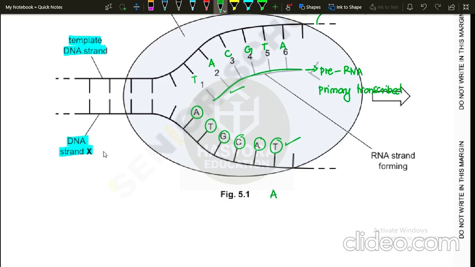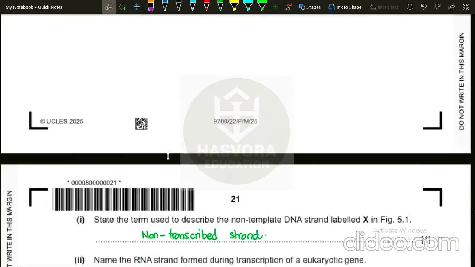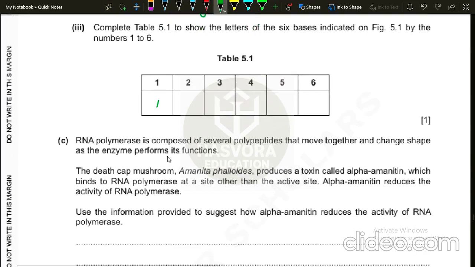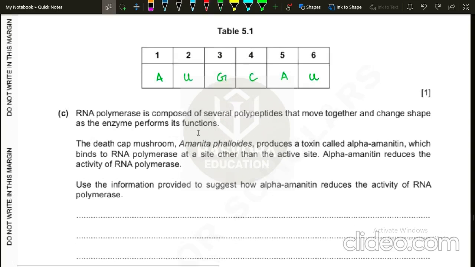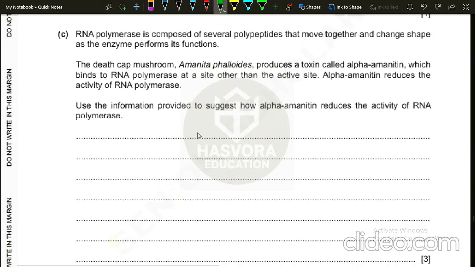So it will become A, then we will have U, G, C, and then we will have A, and then again U. So AUG and CAU. AUG and CAU. I hope you remember that this is the codon for methionine.